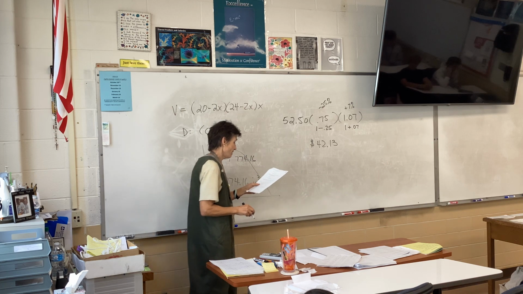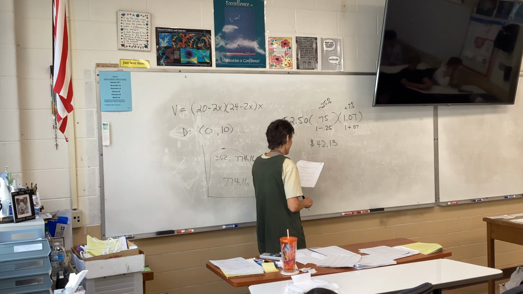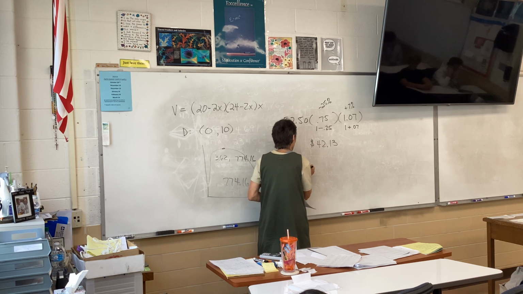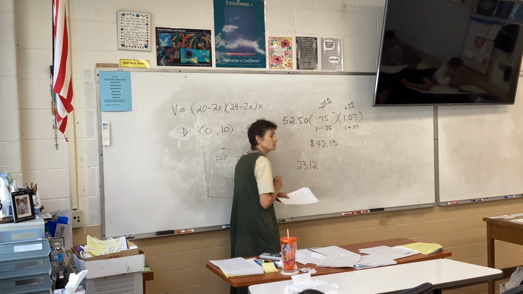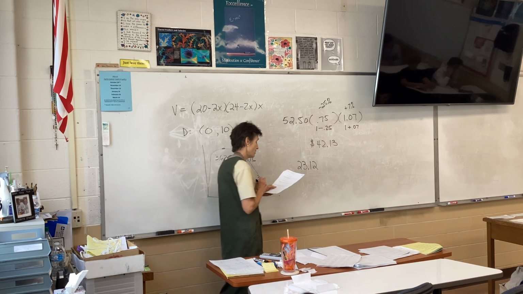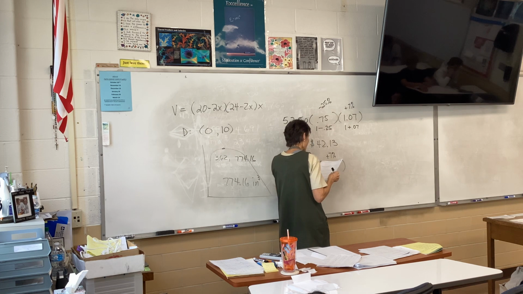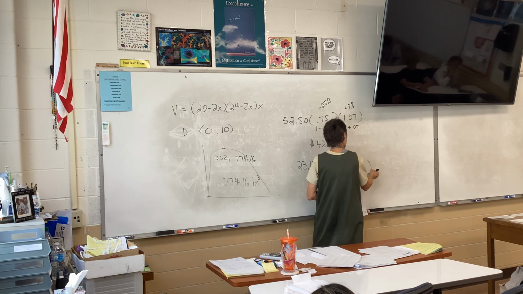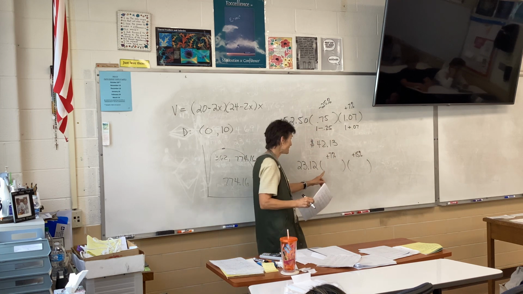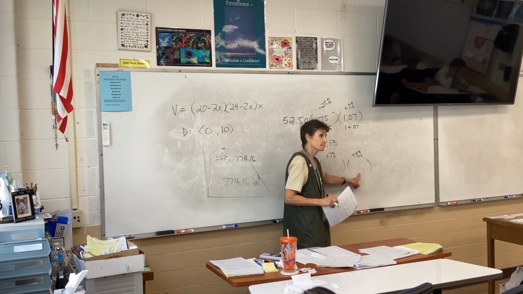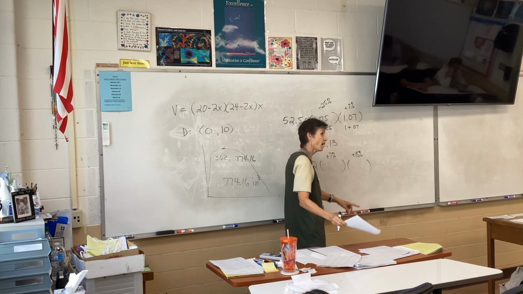G. Find the final cost of your restaurant meal if the food costs $23.12. There's a 7% tax. And there's a 15% tip. Now this one's different because these are both going to be add-ons, aren't they? Which is fine.